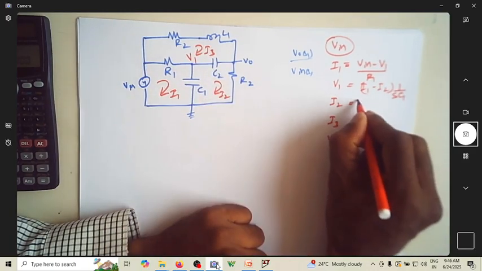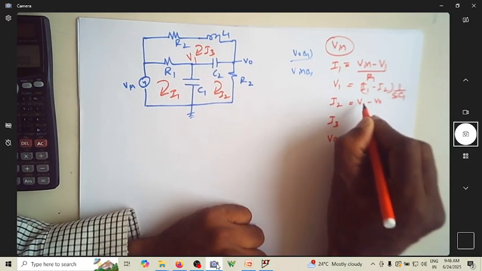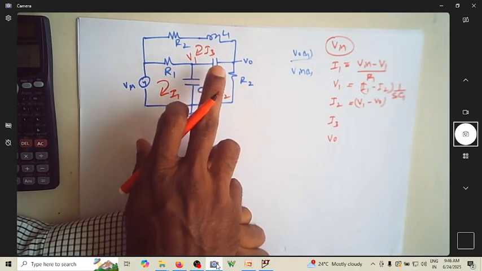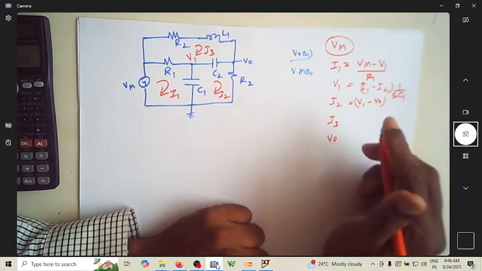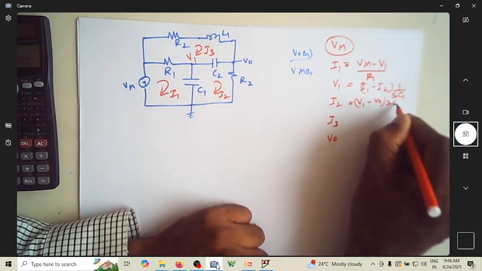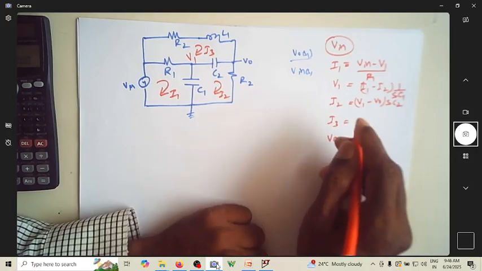So what is this I2? I2 is a potential difference, V1 minus V0, divided by the impedance. Dividing by the impedance 1 over SC2 becomes multiplying by SC2. Then what is I3?